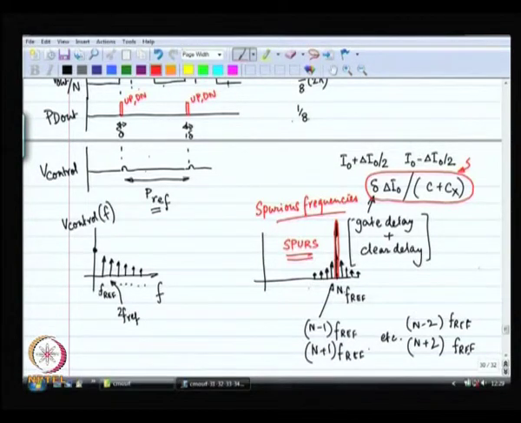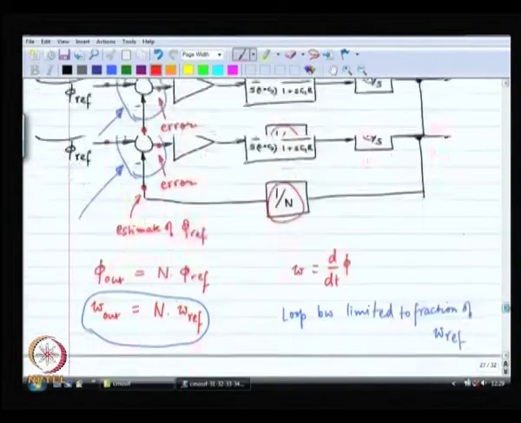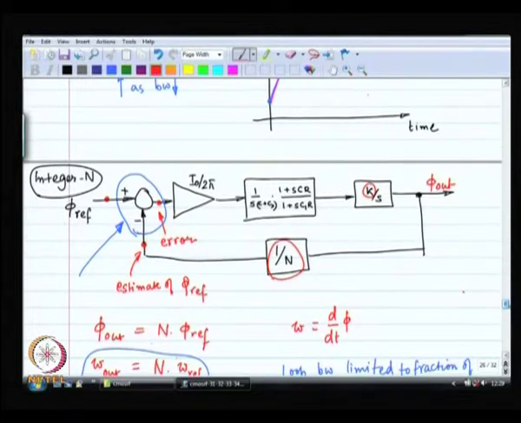So, what I am saying over here is, why do not we increase C plus Cx? That is going to reduce the tones.